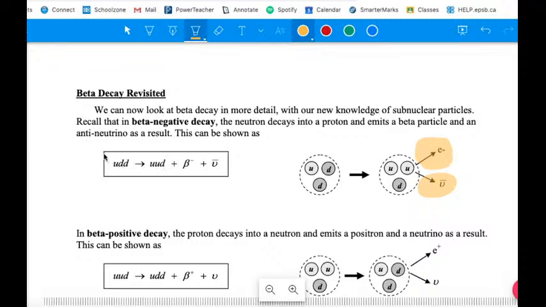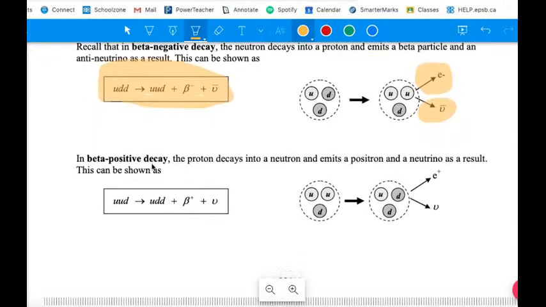So our beta particle is essentially an electron, which is a fundamental unit, and an antineutrino is emitted, which is a fundamental unit, and we got just this swapping of up and down quark via weak nuclear force.